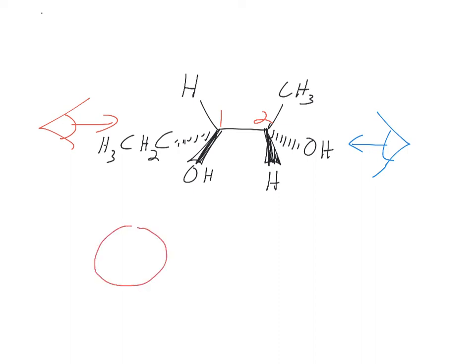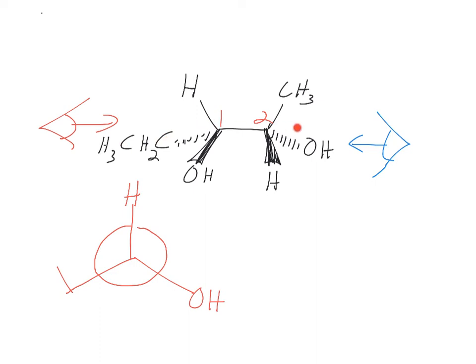So if my eye was looking down here at my head, I would see an H. Nothing on my feet, but there's an H in my head. Something to my right, something to my left. There's an H in my head, my right hand was then OH, and my left was an ethyl. So there's a CH2, CH3, there it is.